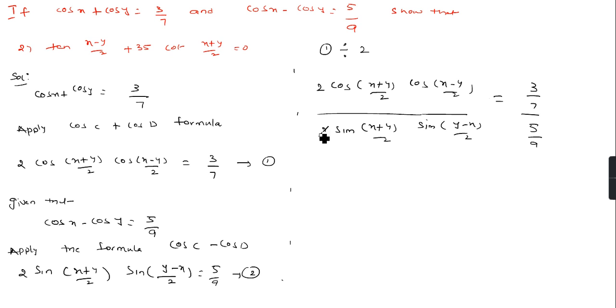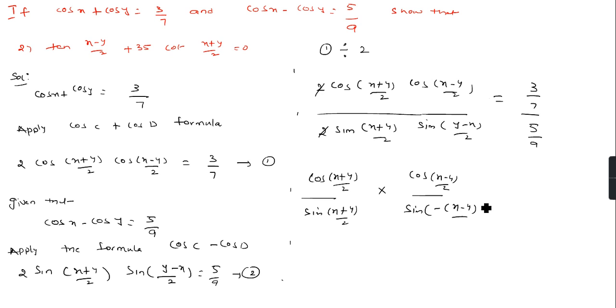So both 2s will be cancelled, and this is nothing but cos of (x plus y) by 2 by sin of (x plus y) by 2, into cos of (x minus y) by 2 by sin of minus (x minus y) by 2.